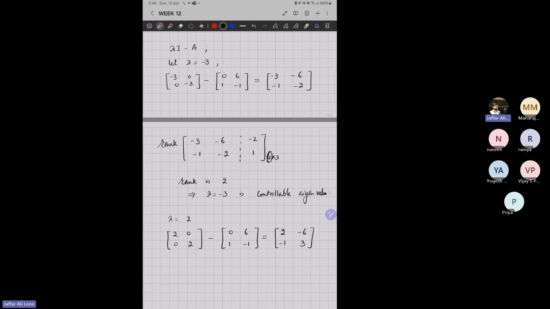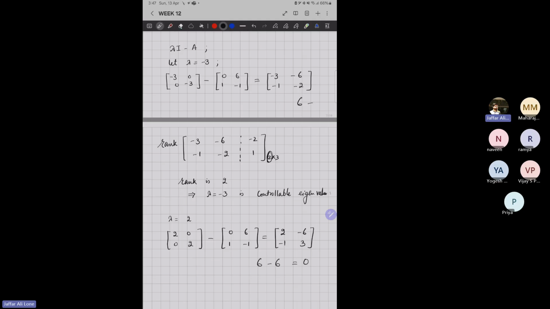So what is the determinant of this matrix? 6 minus 6 equal to 0, right? Similarly, if you take the determinant of the other matrix, what is this? It's again 6 minus 6.